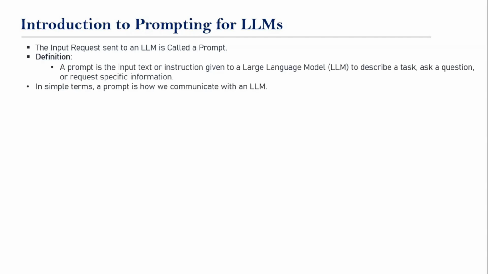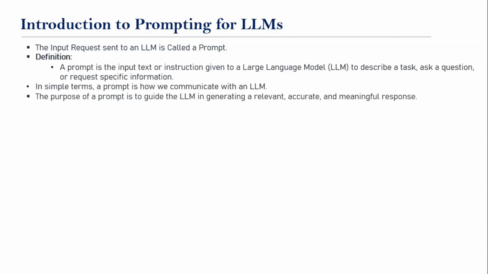It is just like as we give instructions to a person, here we give prompts to an LLM. So be clear, the purpose of a prompt is to guide the LLM in generating a relevant, accurate, and meaningful response. So the better the prompt, the more likely the LLM is to generate a useful and accurate response.